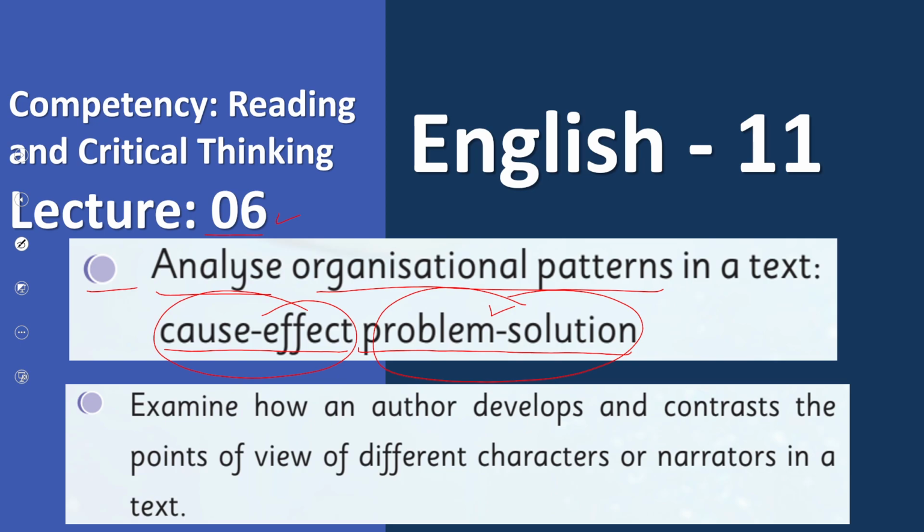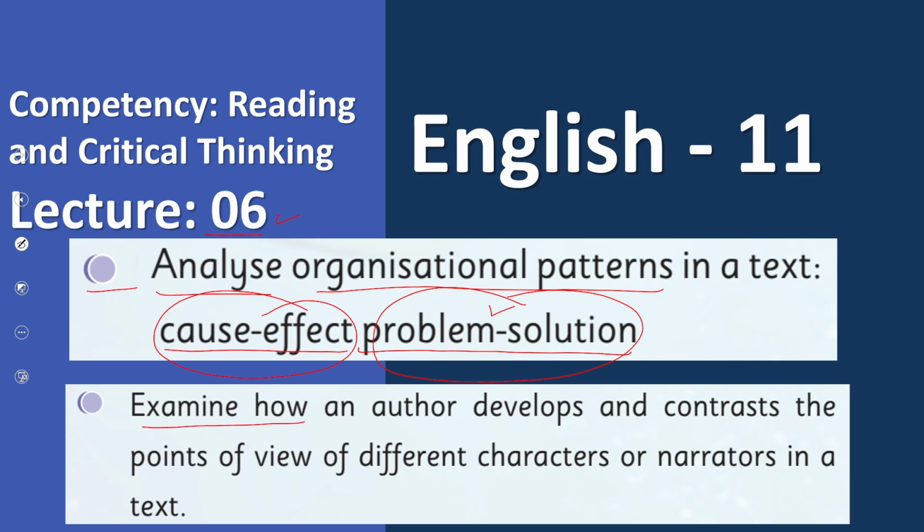So we need to understand how we can identify cause and effect and problem solution in any kind of text that we have. They're mostly found in non-fictional texts. You can find them in formal letters. You can find them in essays, articles, blogs, informational texts, and all those different types of texts that we have.